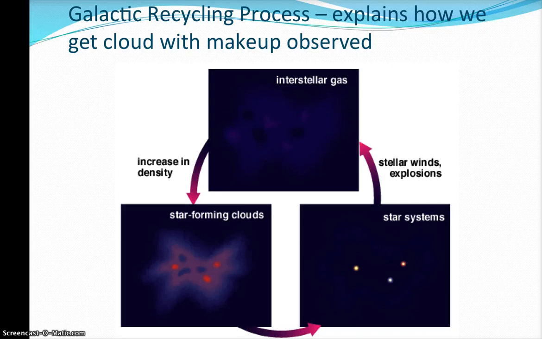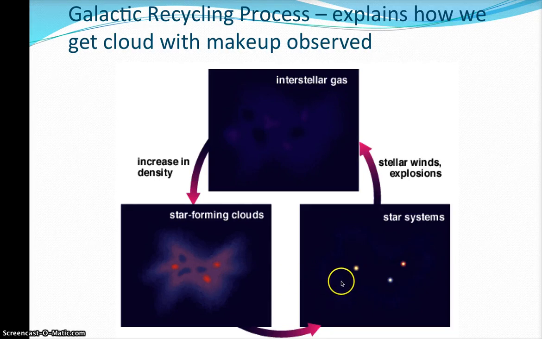So where does all this stuff come from? It might be nice to look at what we call the galactic recycling process. We can start anywhere in this, but let's say we have an interstellar cloud of gas. If it's disturbed in some way, perhaps by a shock wave from a supernova in some other part of the galaxy, or some other disturbance that causes little pockets of increased density, then within that gas cloud stars begin to form, and then we have star systems.